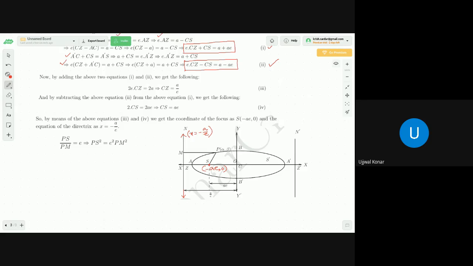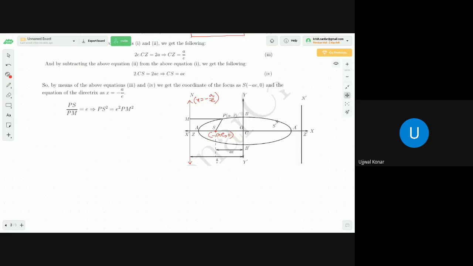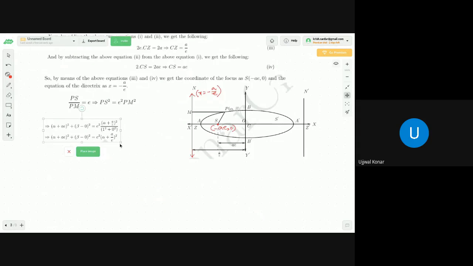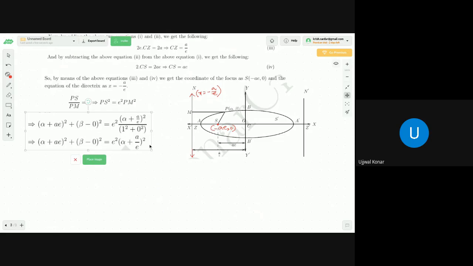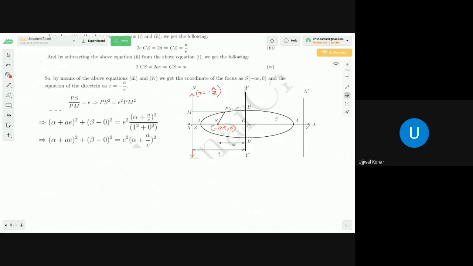So what do we get, dear students? We get something like this if we simplify. Let me show you step by step, so that you get it very clearly. We know that PS square we can find out, as you see here.